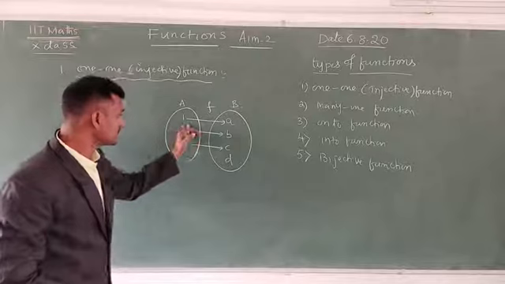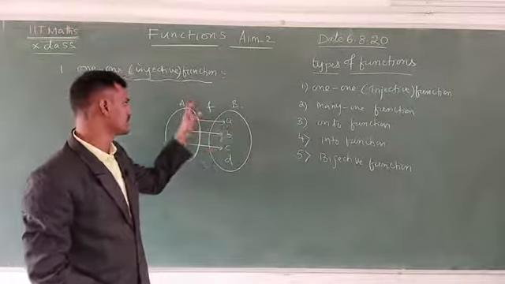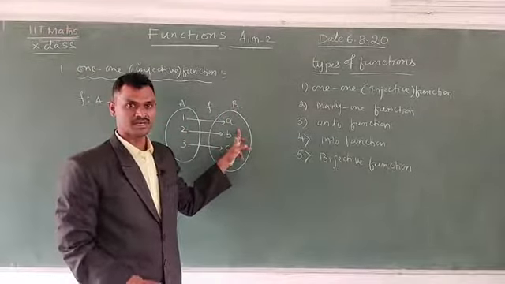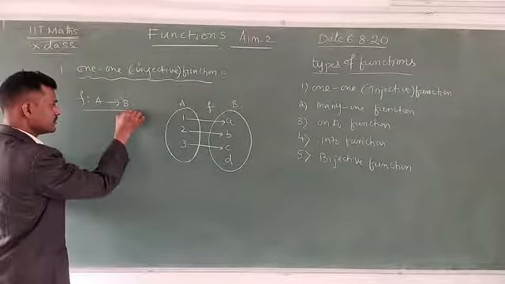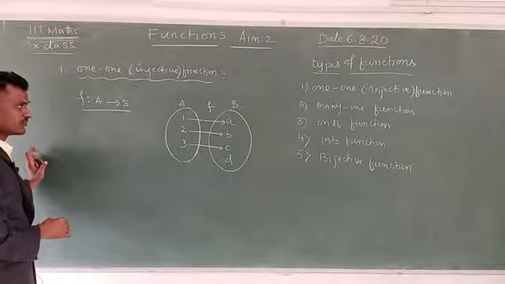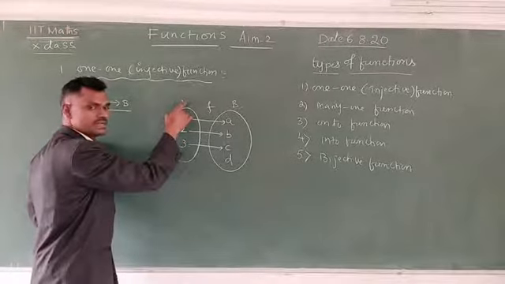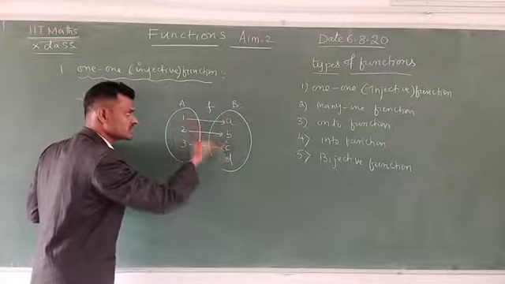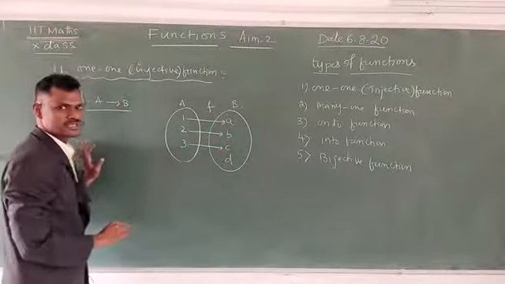Here different elements of set A are mapped to different elements of set B. Then F from A to B is said to be a one-one function. Different elements of the domain have different images: 1 has image a, 2 has image b, 3 has image c.